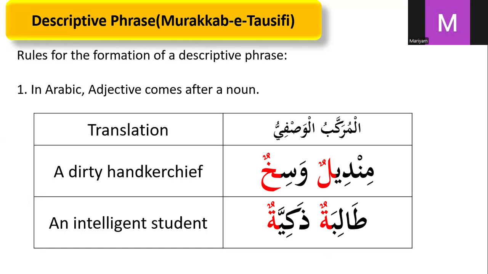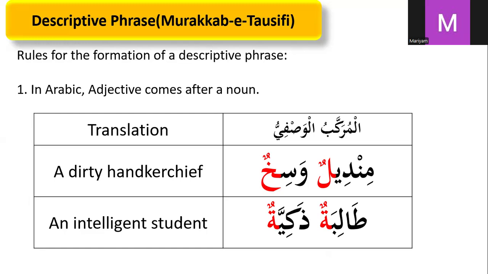Adjective follows the noun. Noun doesn't follow the adjective. That means the adjective always follows the pattern of the noun, but the noun never ever follows the pattern of the adjective. Keep that in your mind.